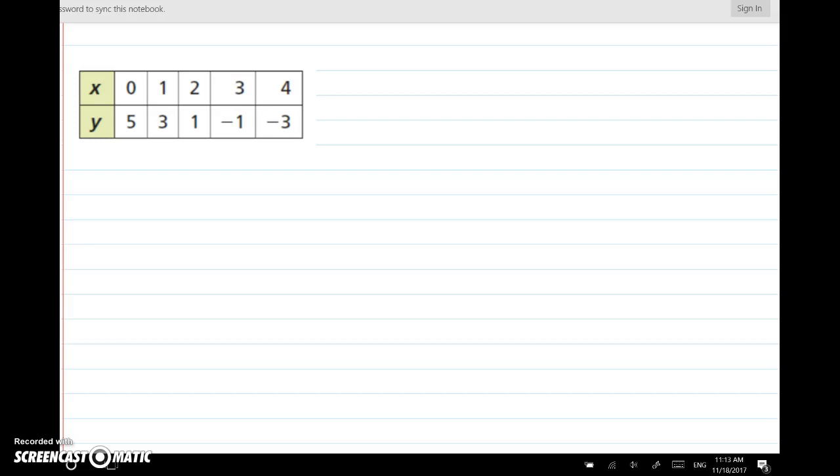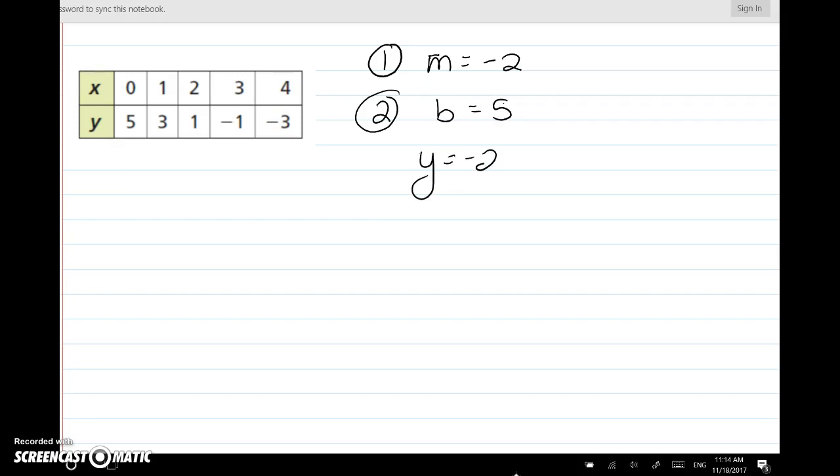When I go ahead and solve this, my slope is going to be -2. My y-intercept is going to be 5. And my equation of a line is y equals -2x plus 5. Whoops, it's not a 5. Plus 5.